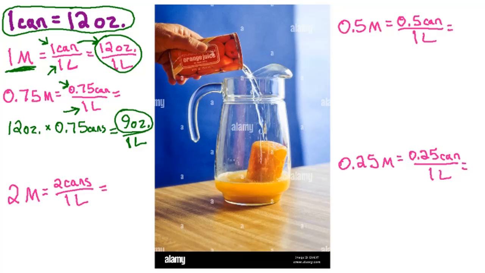Let's look at this next problem. We have a molarity of 2 this time. So a molarity of 2 means we use 2 cans in 1 liter of water.